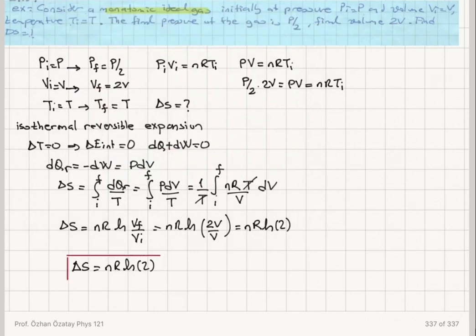Now I want to solve this problem with a different reversible process. So let's have an alternative approach here.